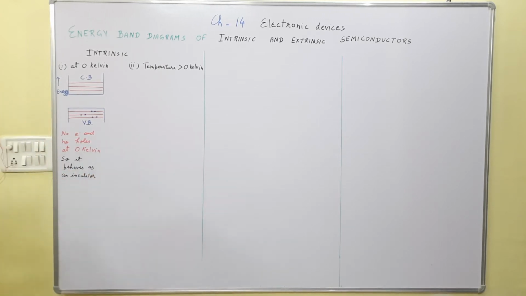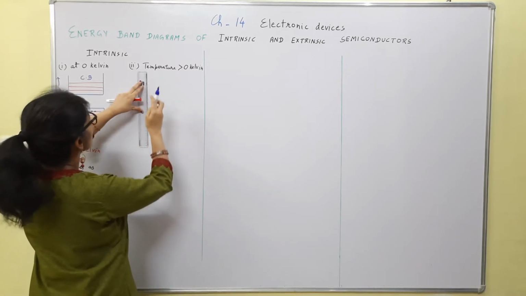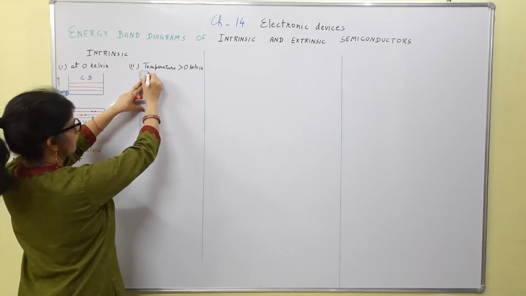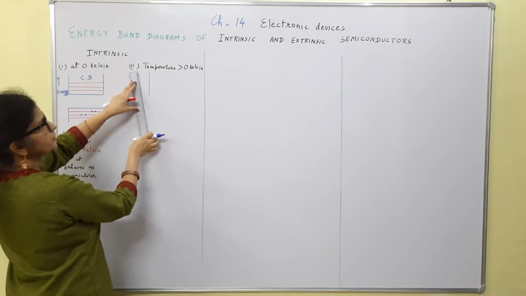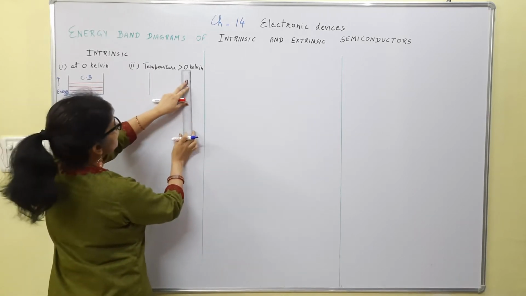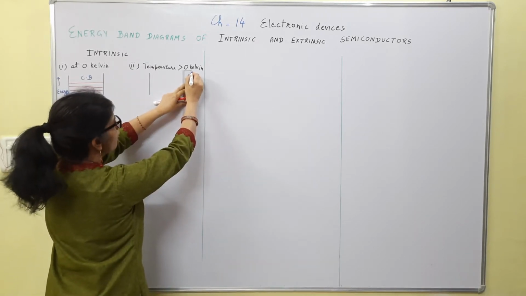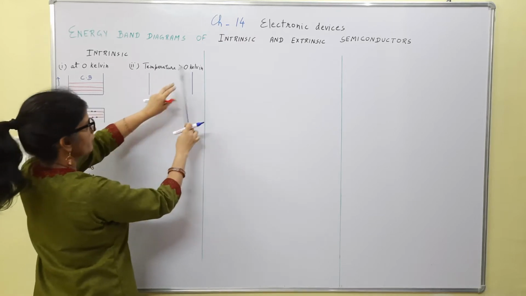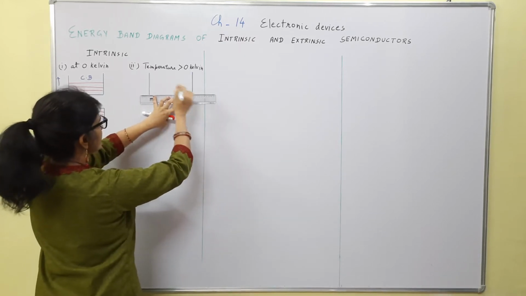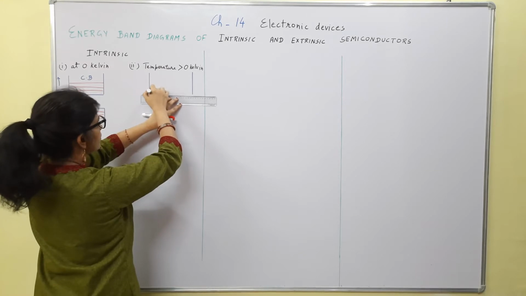Now let's discuss the second case when the temperature is greater than 0 Kelvin. So for temperature greater than 0 Kelvin, some electrons may leave the bond and will create a hole in its place, right? That we have already studied in the previous video.